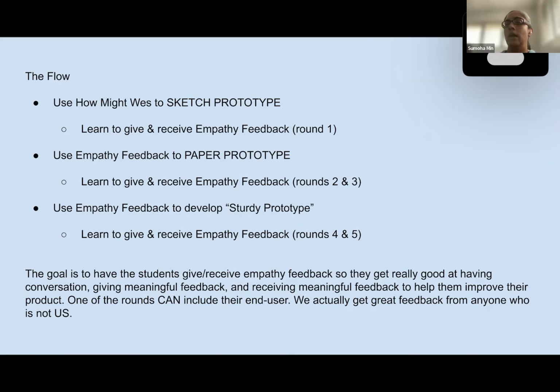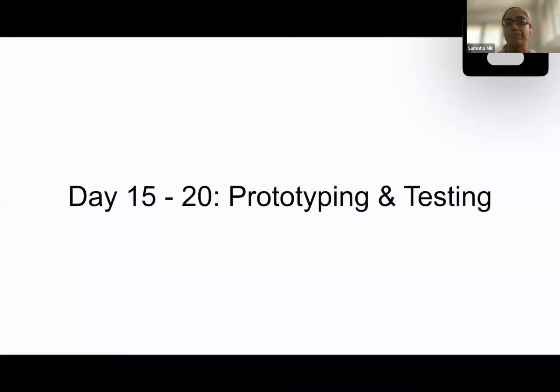All right, so that's a little bit of what I'm going to show you how to do. I said 15 to 20. If you're super rapid, you could stretch this out. For sketch prototyping, I usually gave them about 10 minutes. For paper prototyping, maybe 15 minutes.